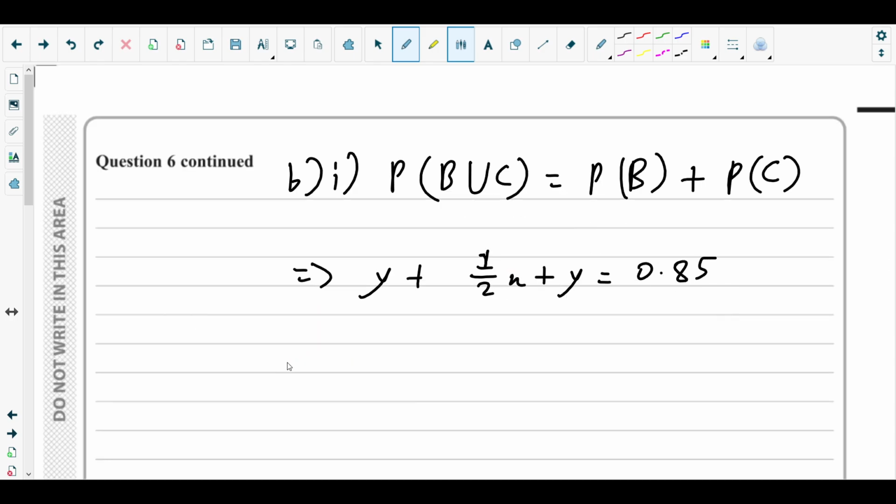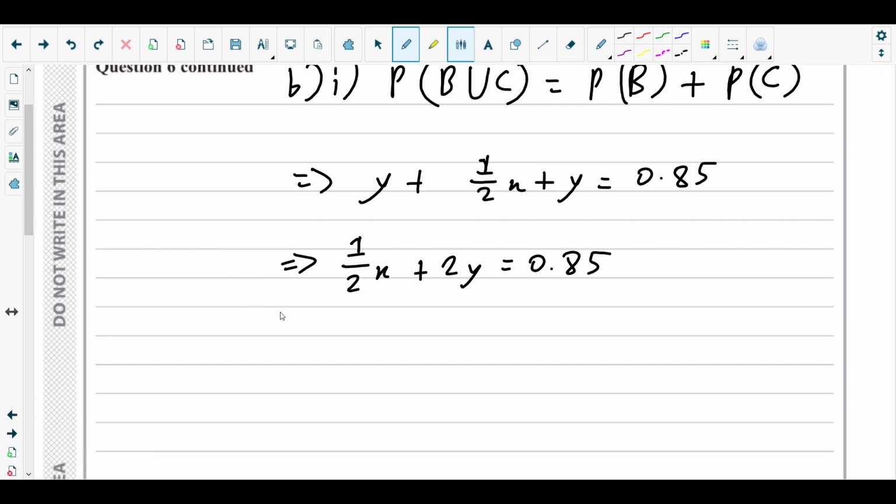So let's proceed for the second equation in terms of x and y. It will be half of x plus twice of y, equals 0.85. What we can do now is multiply both sides by 2 to remove the fractions. So x plus 4y equals 0.85 times 2, which is 1.7 exactly.